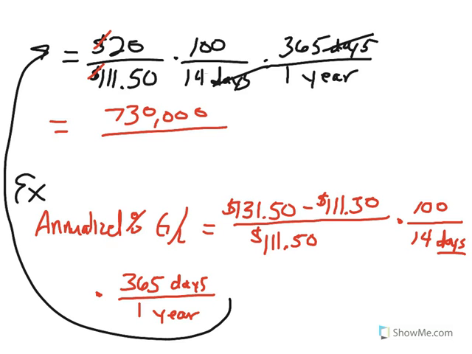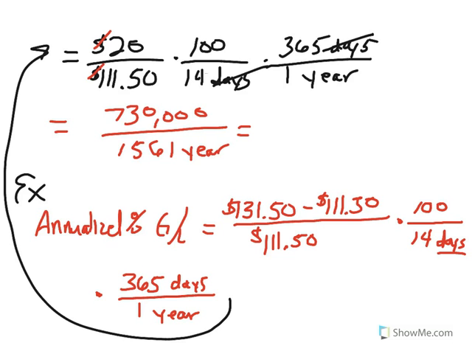Take our bottom numbers and multiply them. 1561. And the bottom number keeps the label here.